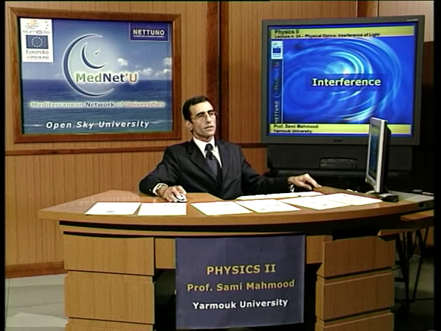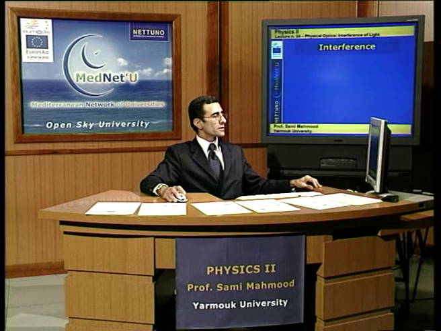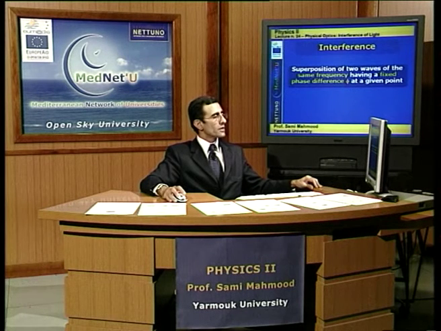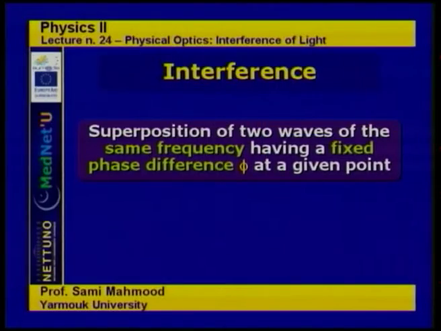And now we move to talk about the interference of light, which is the first topic within the physical optics that we are tackling. And we have to mention that it is a superposition of wave trains, of course, as we mentioned.